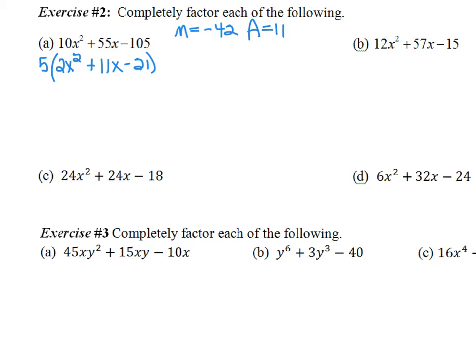If I try out all my factors of 42, I think the combination that's going to work is positive 14 and negative 3. Remember to put an x with both of them.